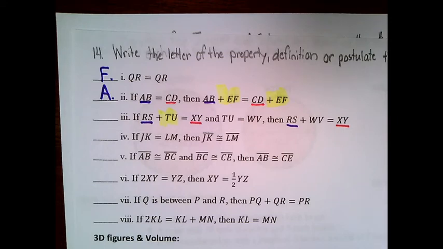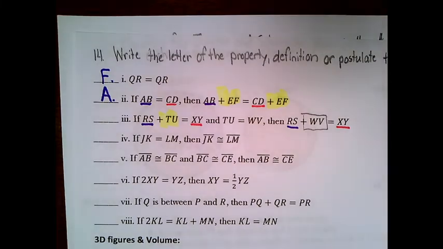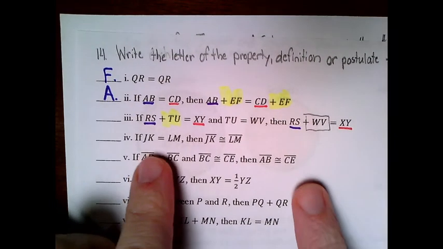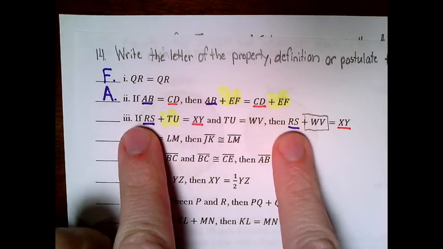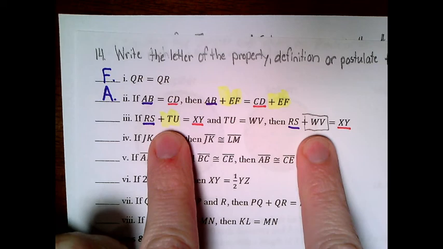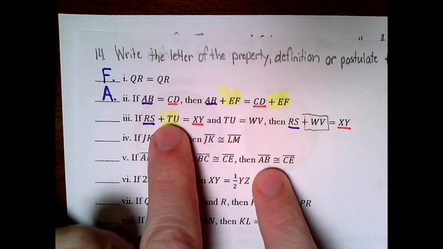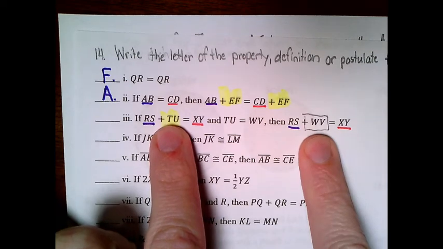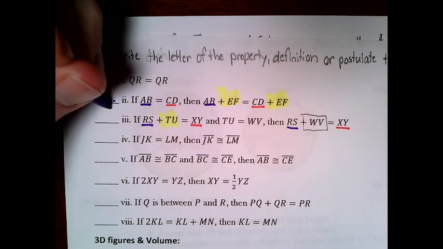So the only thing that changes from the if to the then, that's the same, that's the same. All I did was change one thing. And right here it's saying wherever TU is, I can make it WV. So that TU I changed to WV. I only swapped out one thing. By knowing that, we should definitely know that that's substitution. That's E.